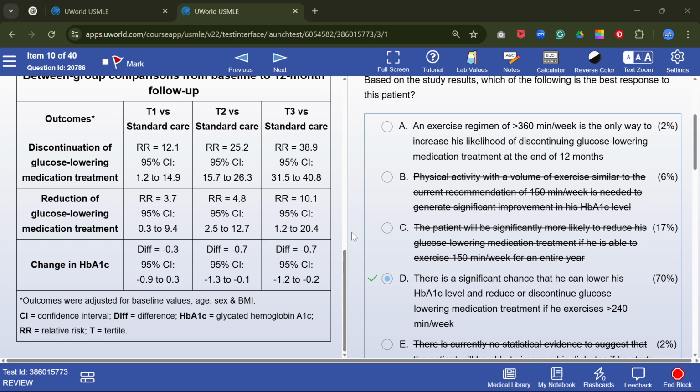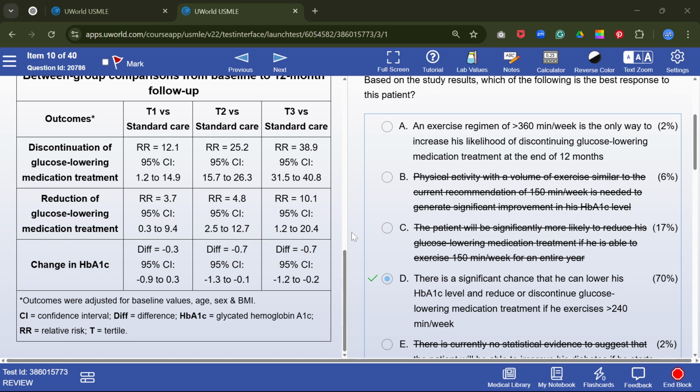But T2 also does the same. It includes the 25 inside the confidence interval, and the interval doesn't include 1, so it's fine. And T1 is the same thing. So A is not right because all of them will cause you to discontinue the medication.